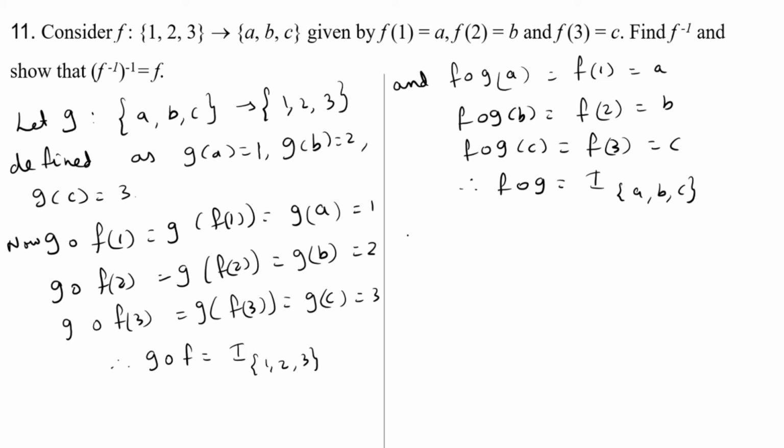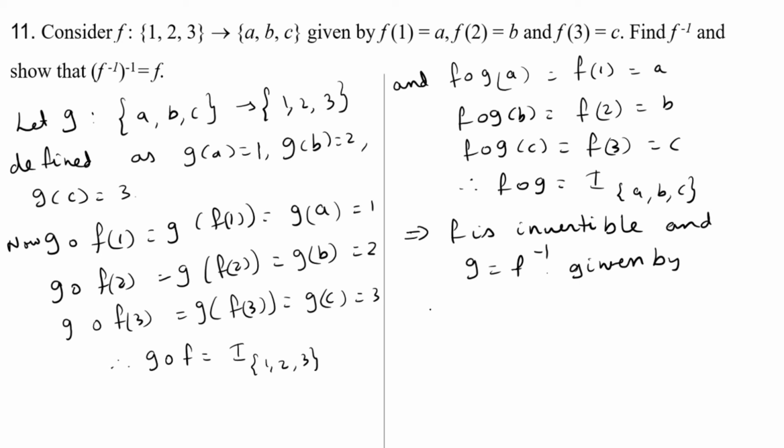So this implies F is invertible and G is equal to F inverse, given by F inverse of A is equal to 1, F inverse of B is equal to 2 and F inverse of C is equal to 3.